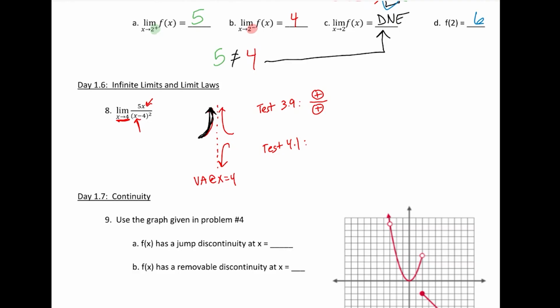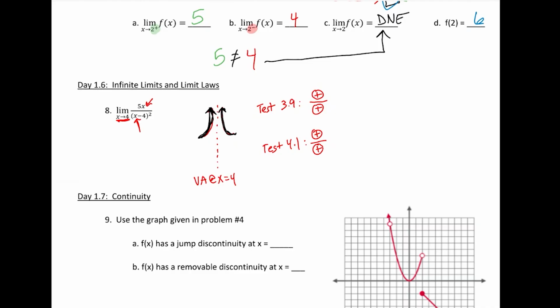Okay, and then if I plug in 4.1, I get 5 times 4.1 on the numerator. That's going to be positive. If I plug in 4.1 in the denominator, I'm also getting something that's positive. So that means that the graph on the right-hand side is going up to positive infinity as well, not down. So this is basically what's happening around x equals 4, at least very close to it.